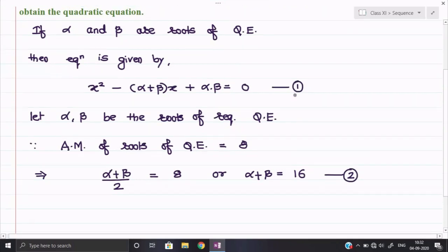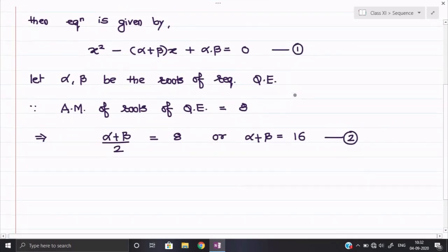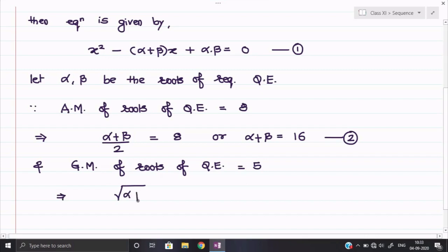Similarly, see what is given further: the geometric mean of the roots of the quadratic equation is given here as 5. The geometric mean between two numbers will be the square root of alpha into beta.